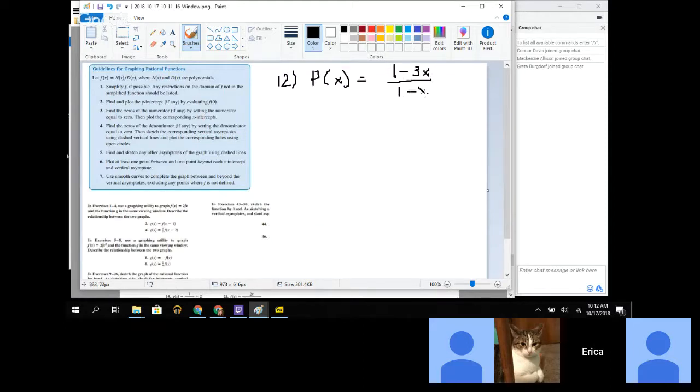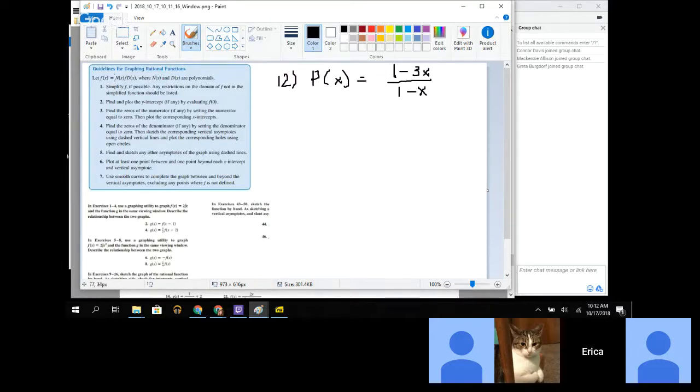Okay, so this is my function. It is a rational function because it's a ratio of one polynomial over another polynomial. It's a ratio of two things. And so if I want to graph it, I'm going to go through these steps.